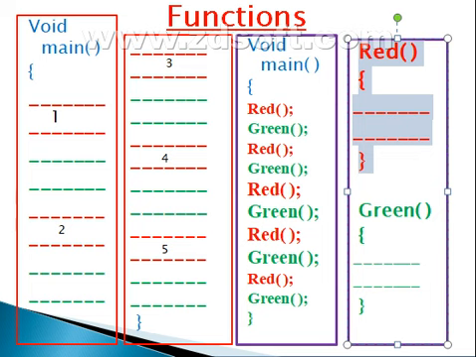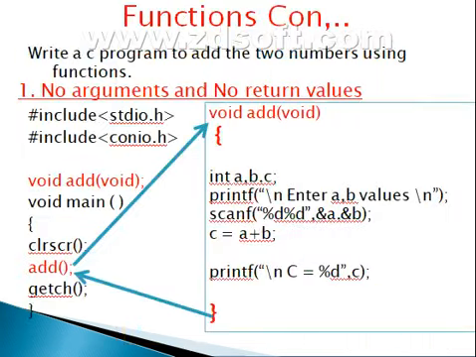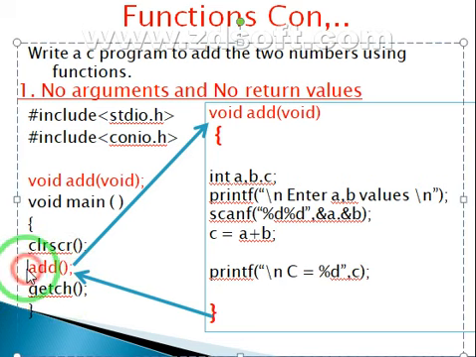Okay, now we will see the example. So simple addition of two numbers. Okay, so this particular part is clear screen, add open and close semicolon, getch. Okay, so I'm not writing any program here, I'm simply calling the function add.